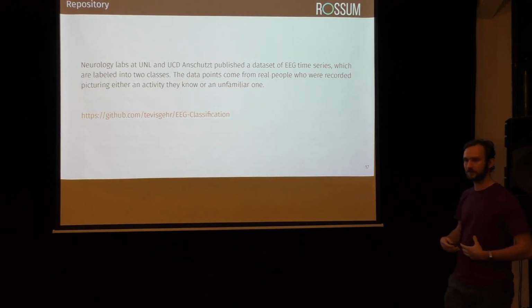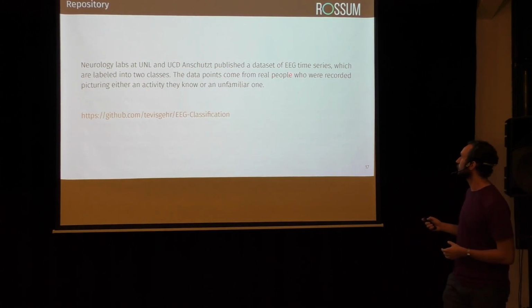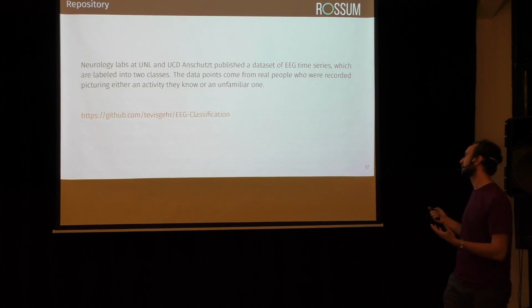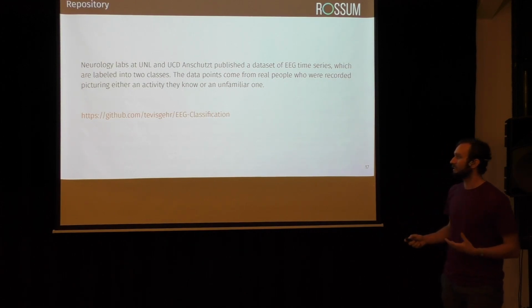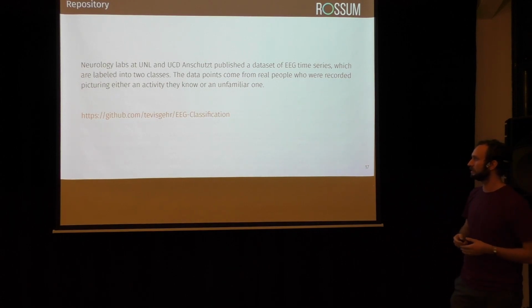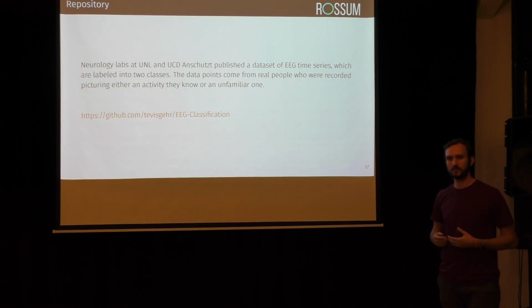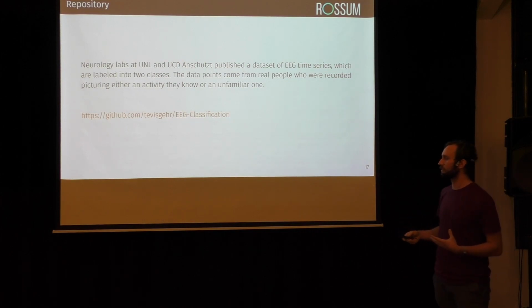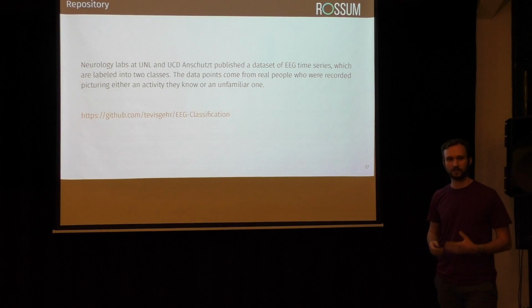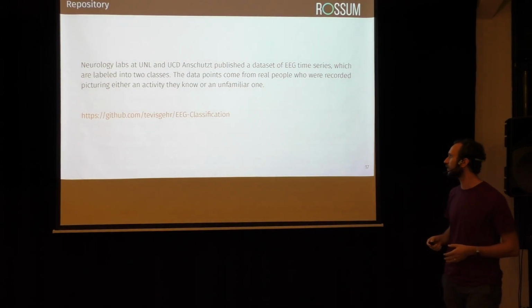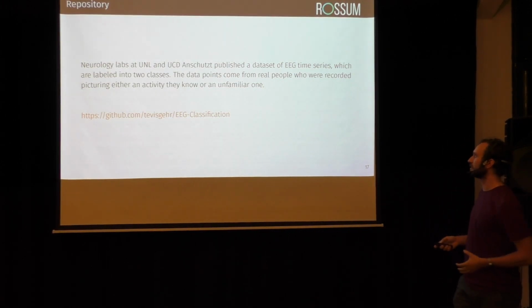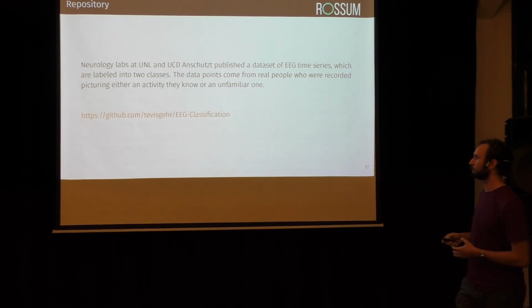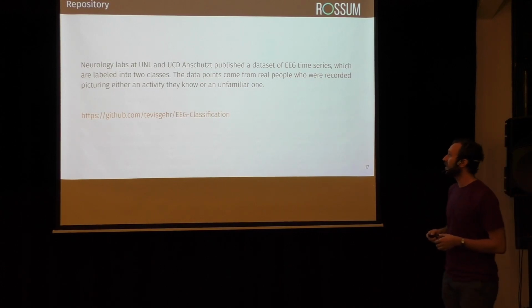And during that, the researchers were recording the EEG, and so this is the data set. You're given EEG of some person, and you're supposed to guess if they're picturing doing a new activity or something that they're familiar with, right? If you're interested, go ahead and take a look. It's a nice data set.